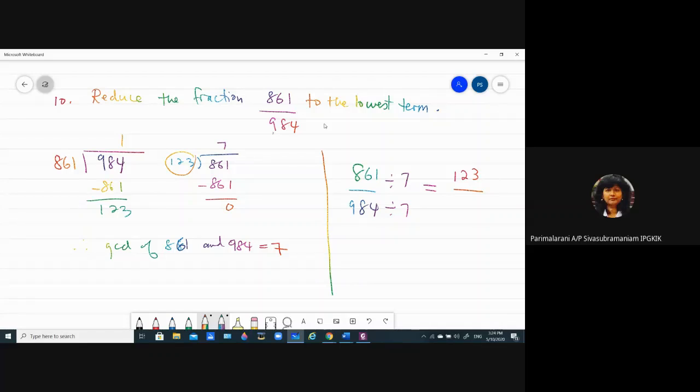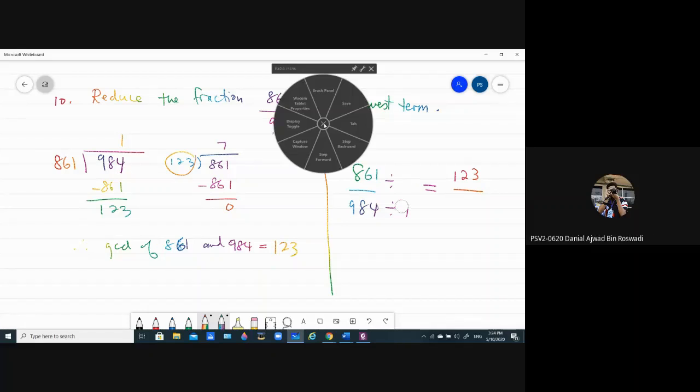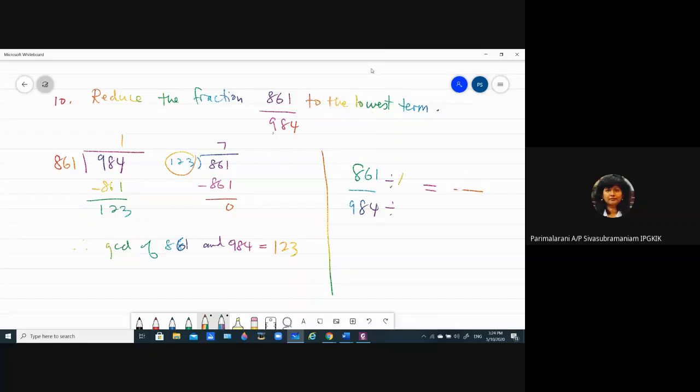Oh, sorry, I made a mistake. Wait. Yes, what's my mistake here? Correct. Sorry. So the GCD is 123, not 7. So we are going to divide by 123. 123 is a large number.